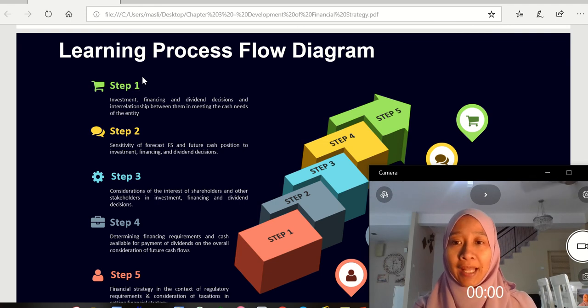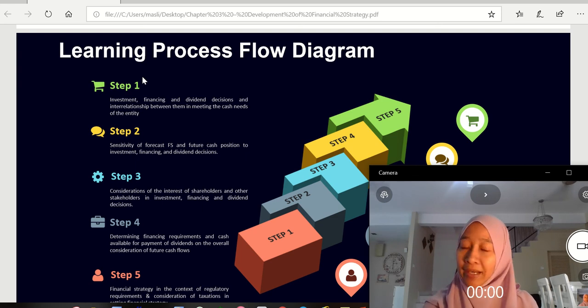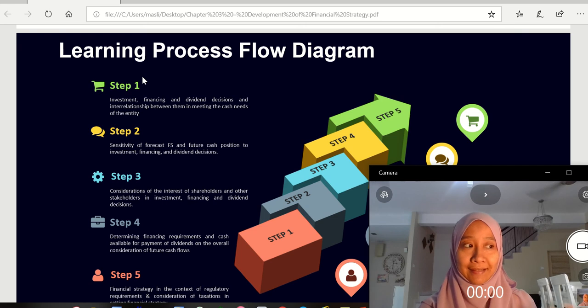The first one, we're going to look at how investment, financing and dividend decisions and the interrelationship between them relate to meeting the cash needs of an entity. It's very important for an entity to have enough cash because it ensures the going concern of the entity.